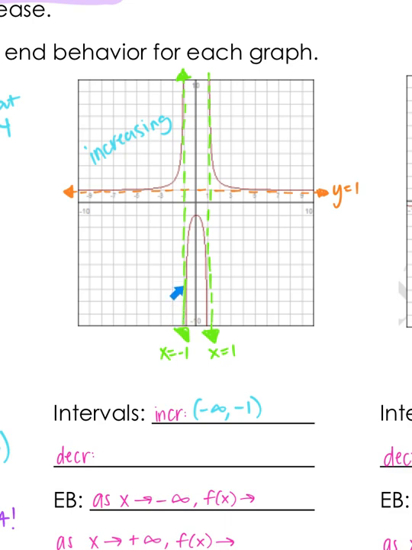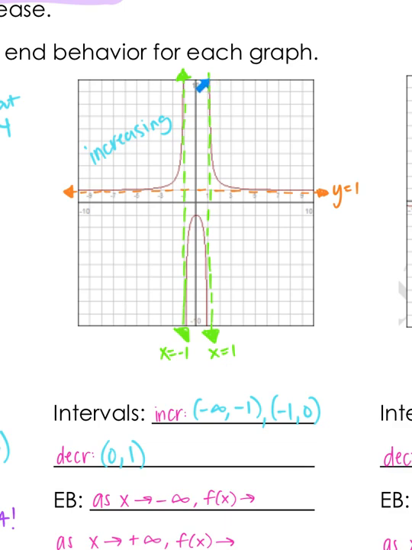So I am increasing until right here, and then it's going to turn around and decrease. So I'm going to increase from my horizontal asymptote to x equals 0. And then I'm going to decrease from 0 to my next asymptote, which is 1.